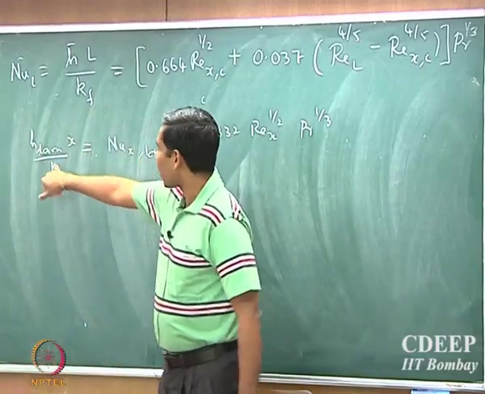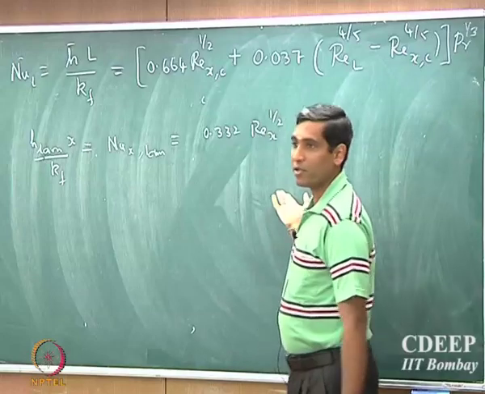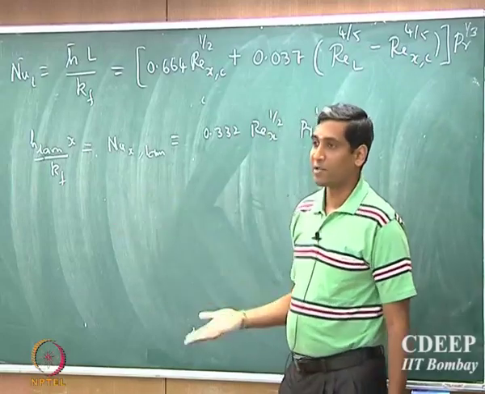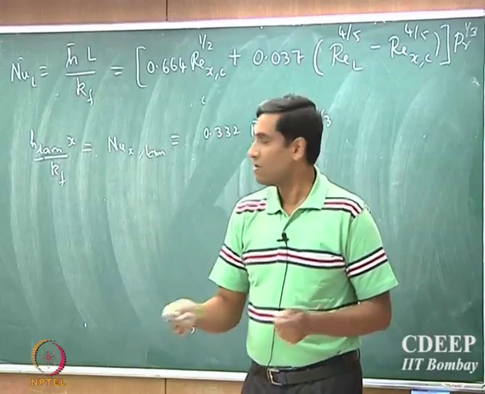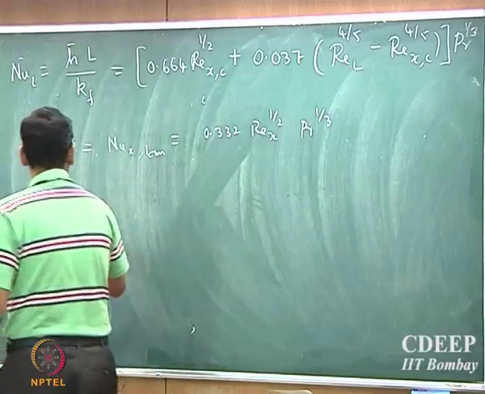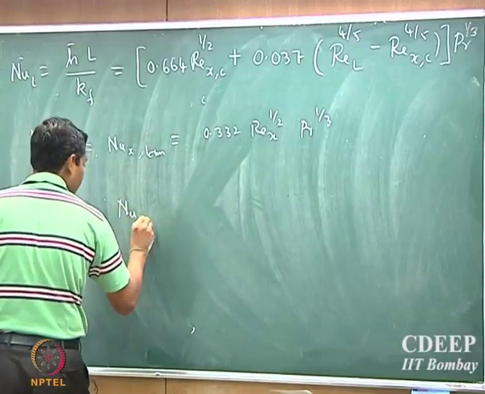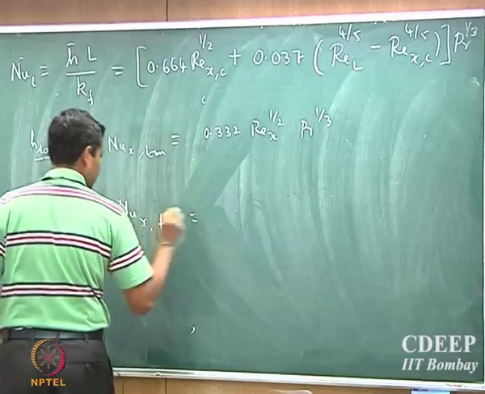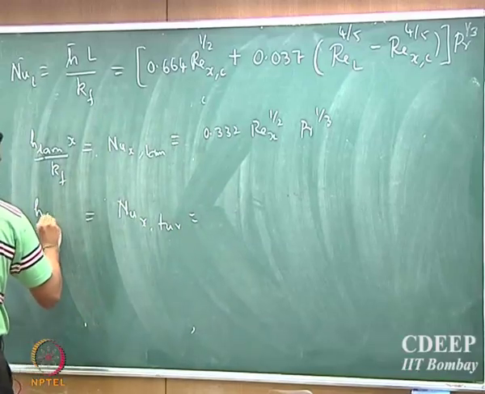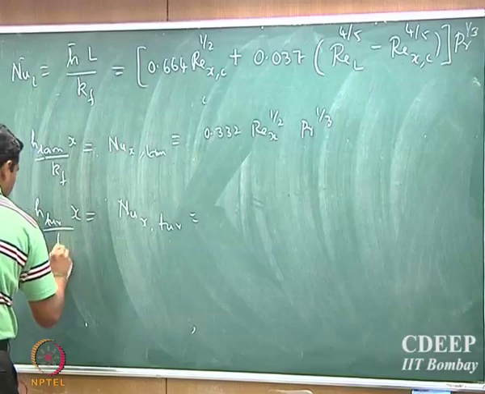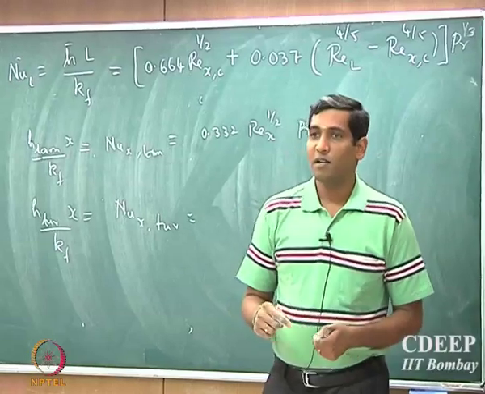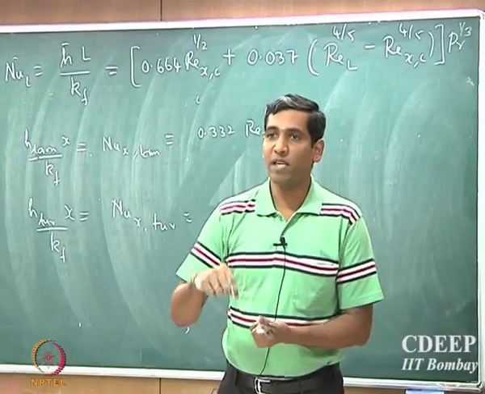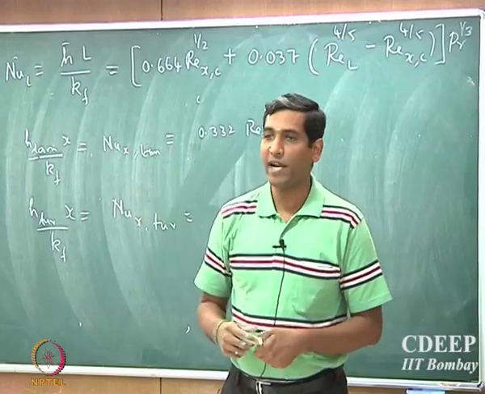So I have found out what is h laminar from this expression, and then I integrate with respect to the x coordinate up to the critical location, and then similarly I take the expression of Nusselt number for turbulent flow, that will be h turbulent x by Kf, and then you integrate that with respect to x coordinate going from the critical location to the length of the plate.